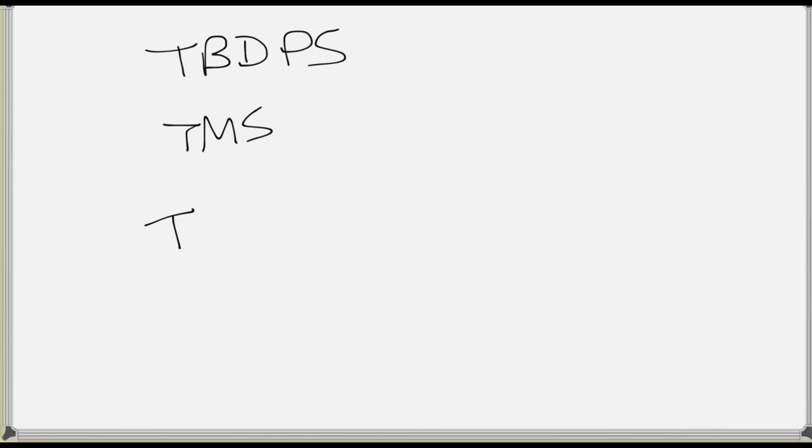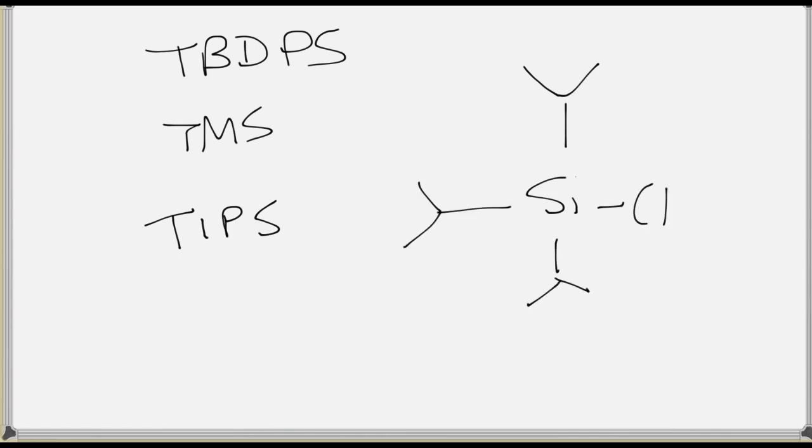And just a quick aside, they come in all kinds of shapes and sizes, from TBDPS, TMS, TIPS, etc., etc. What these all stand for are the different alkyl groups on the protecting group.